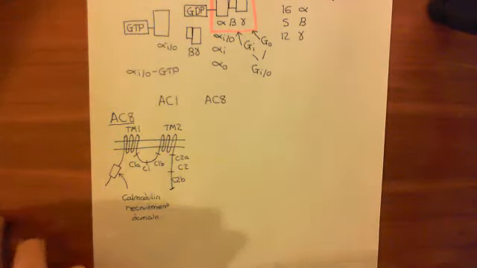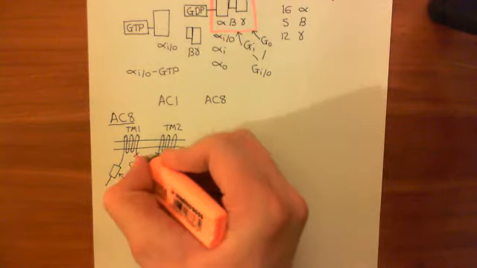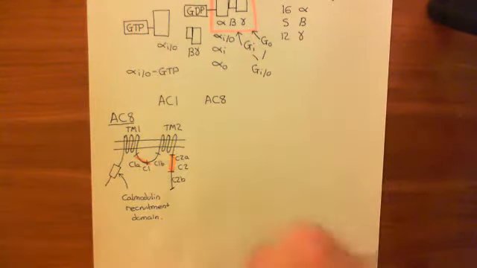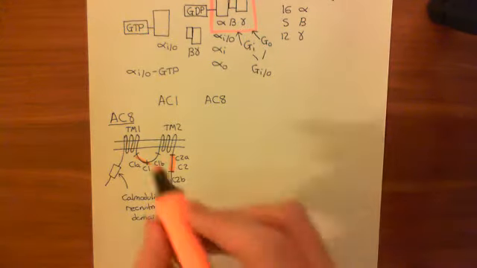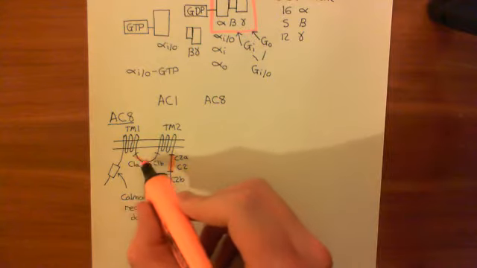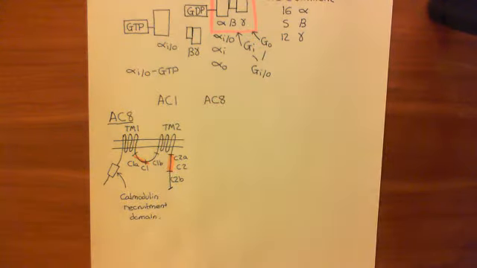The way you create a functional enzyme is by dimerizing C1a with C2a. You put this portion together with this portion, and together they make a functional catalytic enzyme which is going to catalyze that adenylyl cyclase reaction.